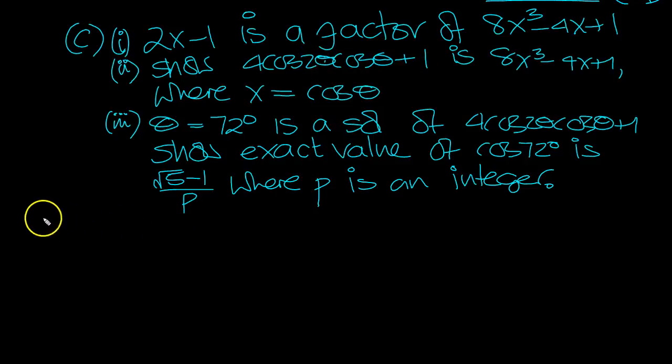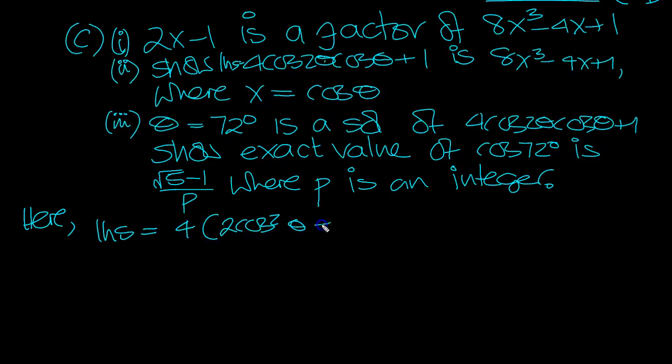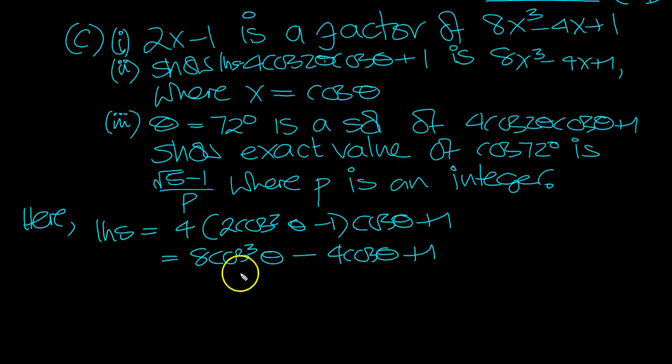Okay, so here, we'll call that LHS, save time. 4, 2 cosine squared theta minus 1, isn't it, times cos theta plus 1. So we end up with 8 cos cubed theta minus 4 cos theta plus 1, which is what we wanted to show.